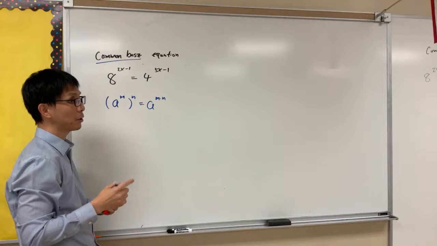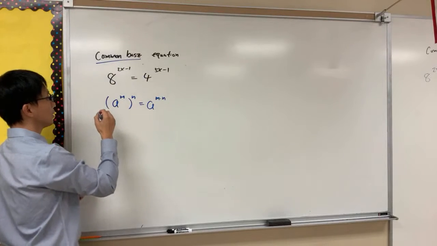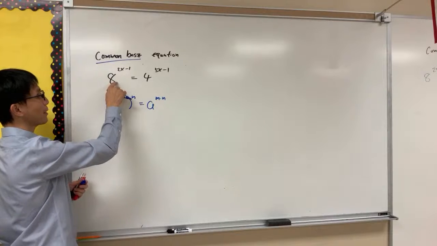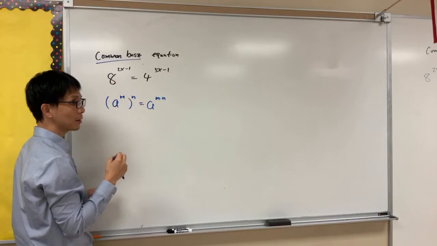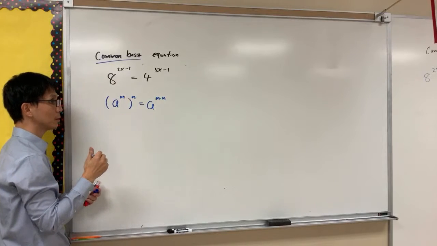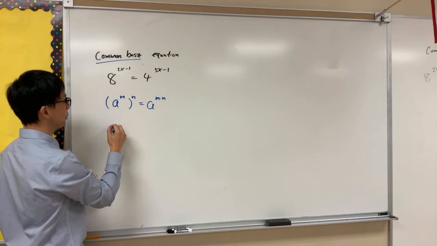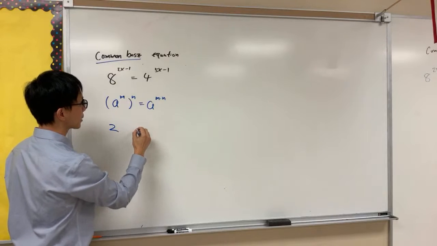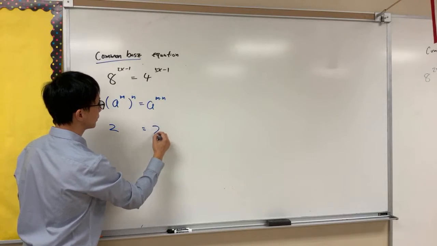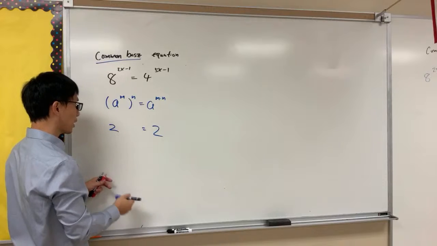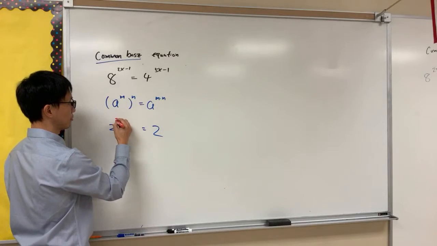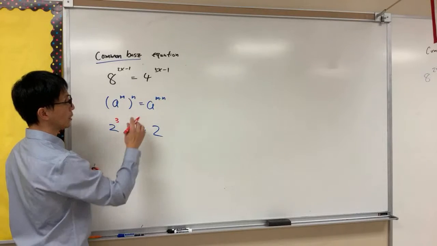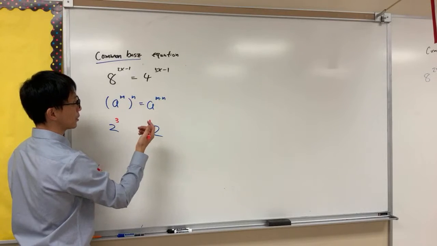But they do have something in common. So therefore, I'm going to change that 8 and 4 into a common base. What do they have in common? 2, right? So then that'll be 2, and this side is going to be 2. But how do I change to the common base? 2 to the what power is 8? 2 to the what power is equal to 4?